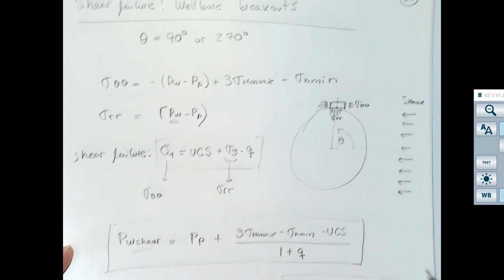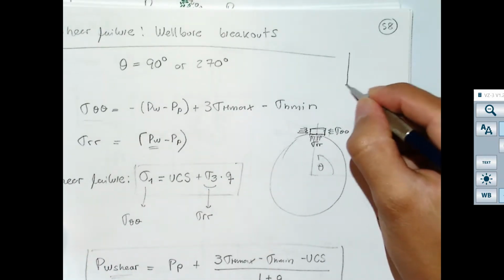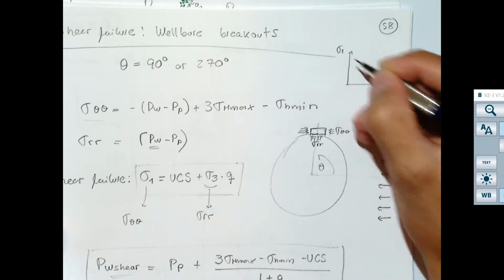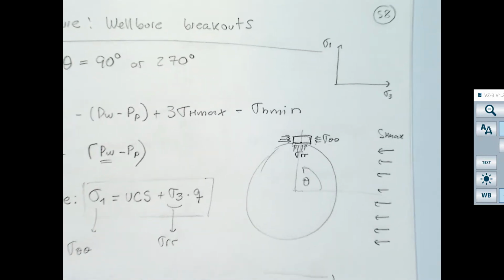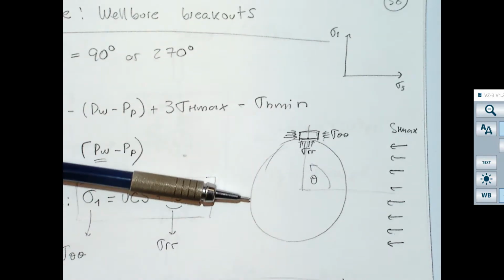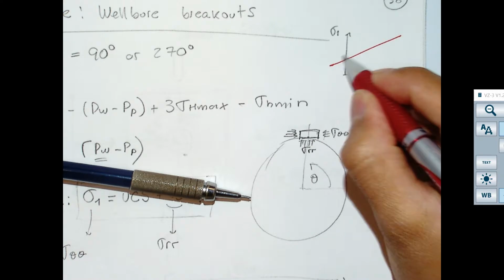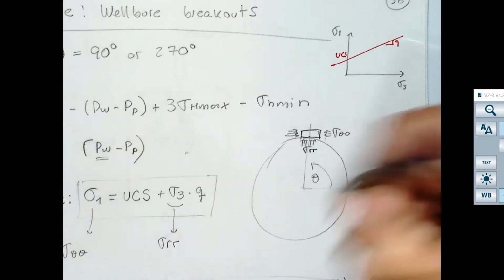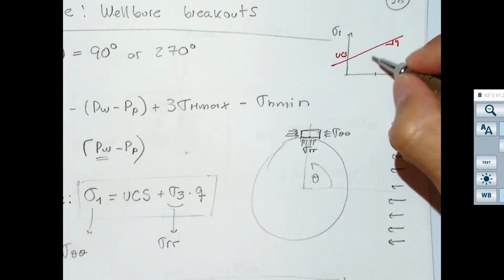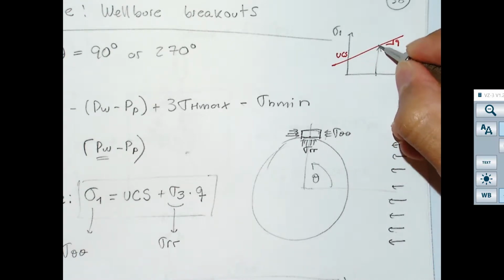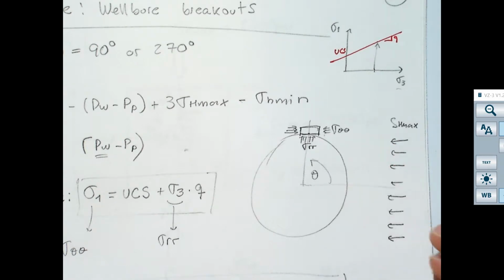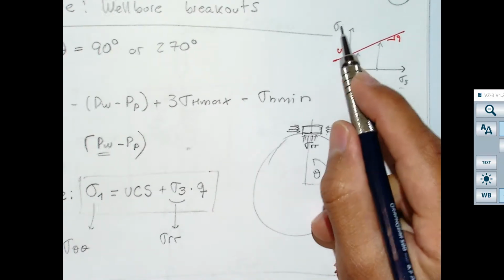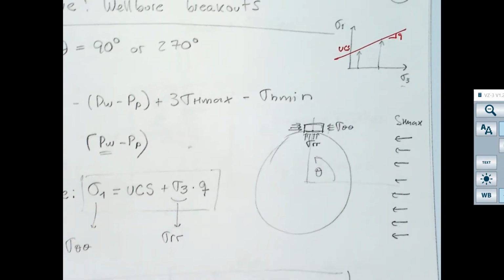And if your sigma 3 is smaller, let's do this in a plot. This is sigma 3, this is sigma 1, and we know that shear failure tells us that if we are somewhere over here, the strength of the rock is going to be this much, but if sigma 3 is smaller, the strength of the rock, or the sigma 1 peak that it can receive, is going to be smaller too.